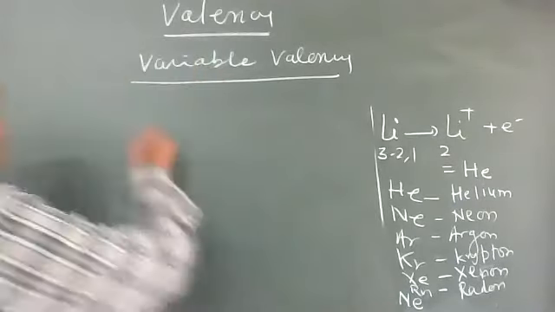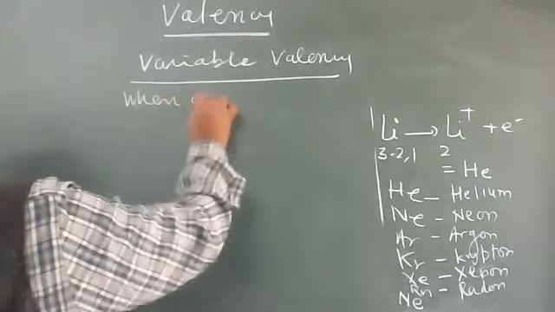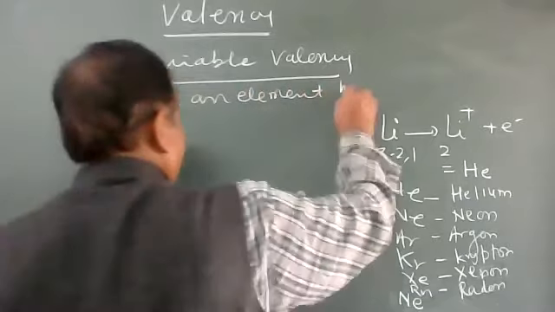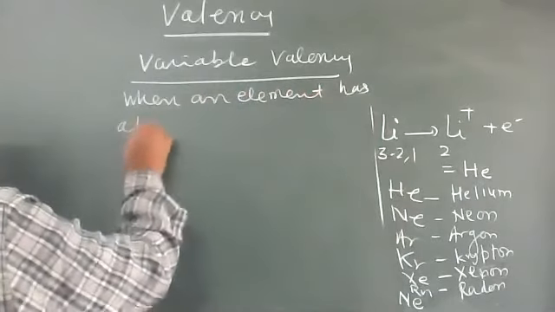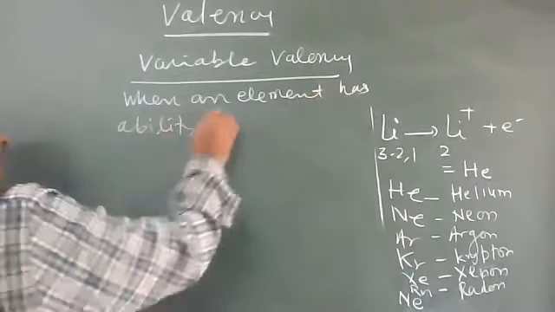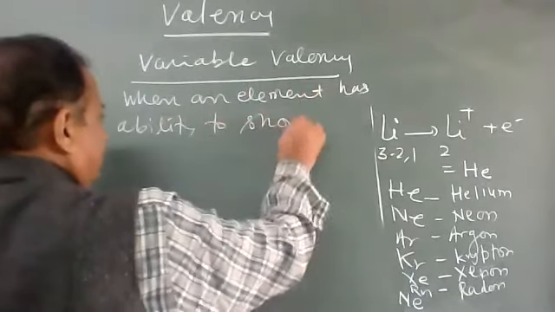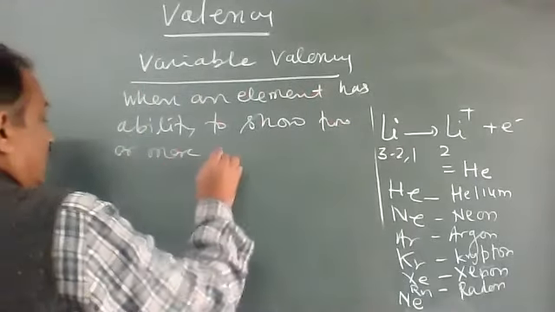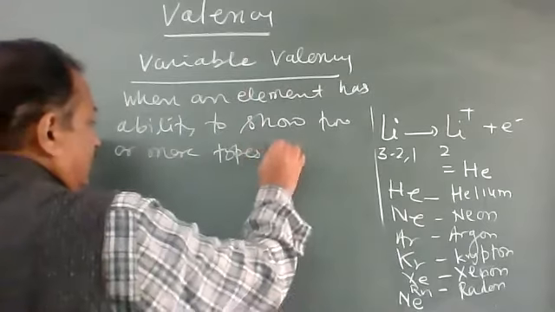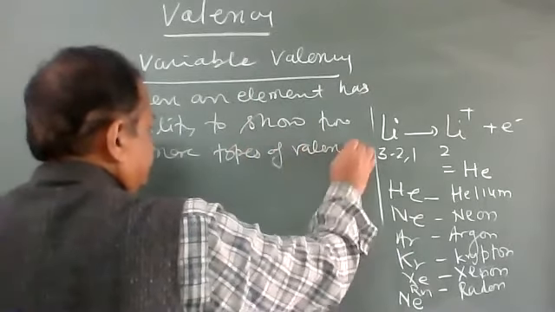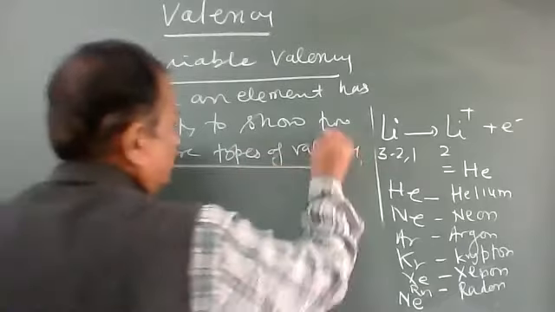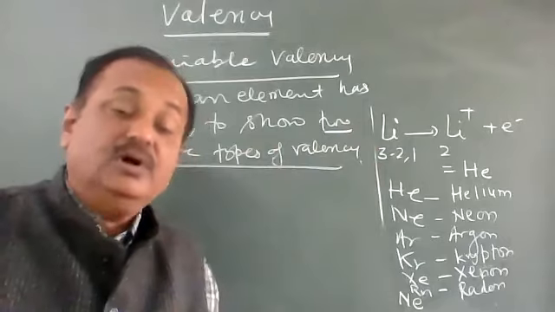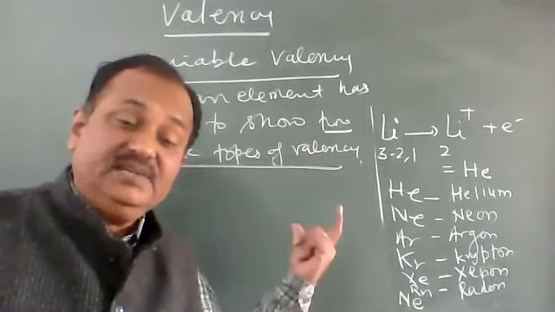So when an element has the ability to show two or more types of valency, it is said to be variable valency.